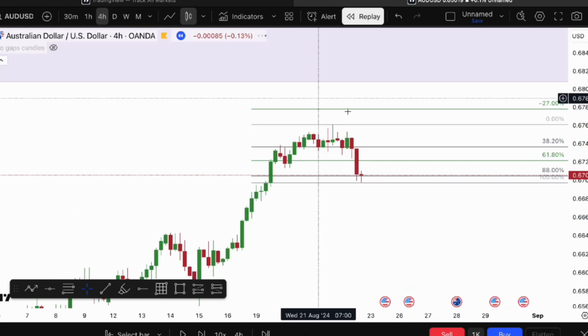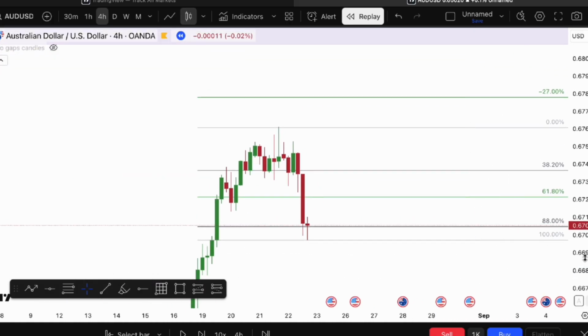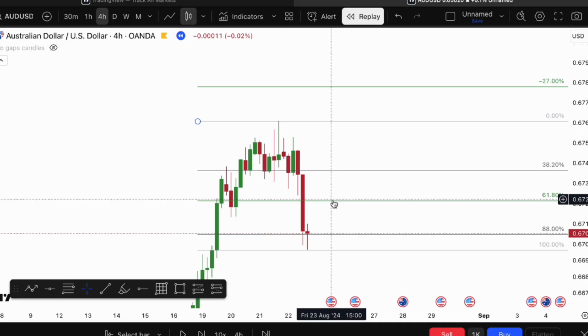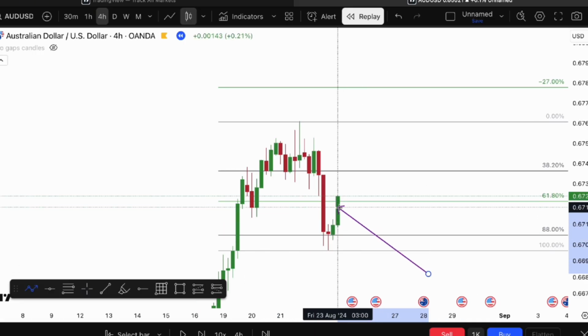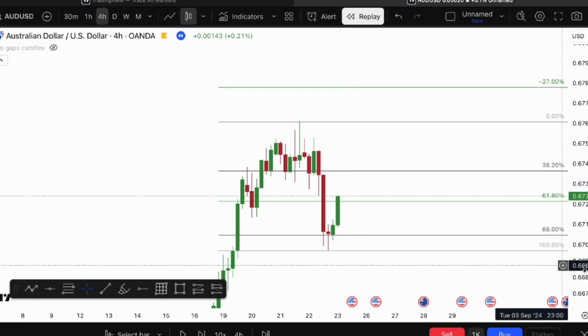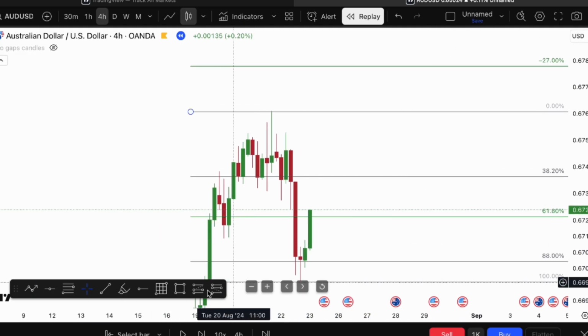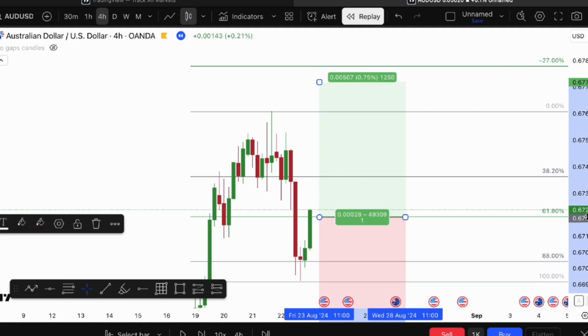Then we go to the 4 hour. On the 4 hour, we're going to wait until we have the break and close above this 61 level. So right here, you can see we have a clear break and close above this 61 level. Once we have the break, we can now place our order. So my buy limit order is going to go on the 61 level.